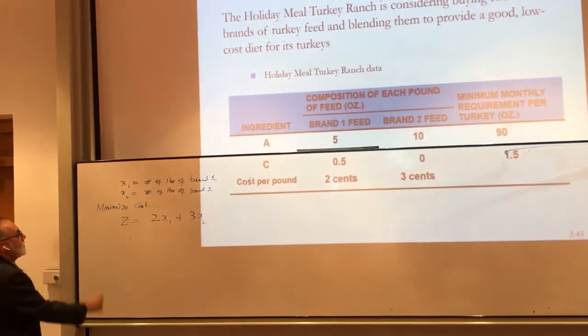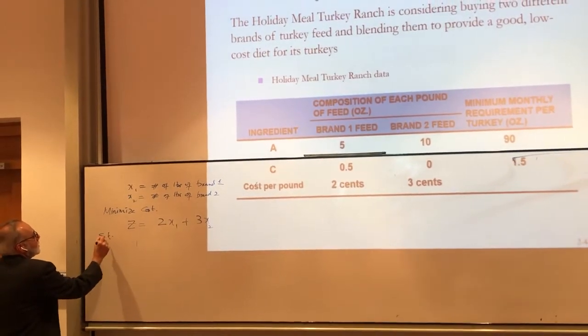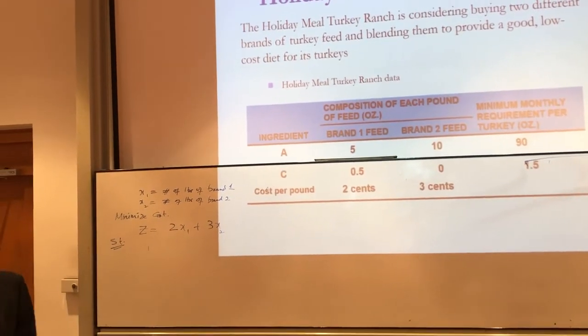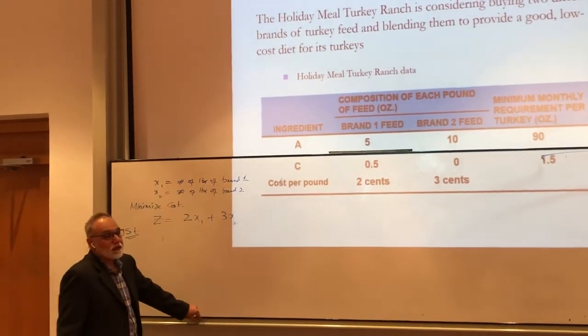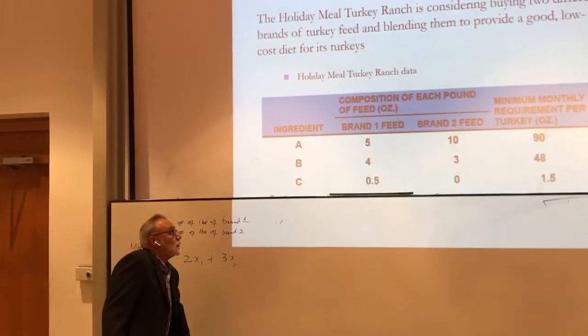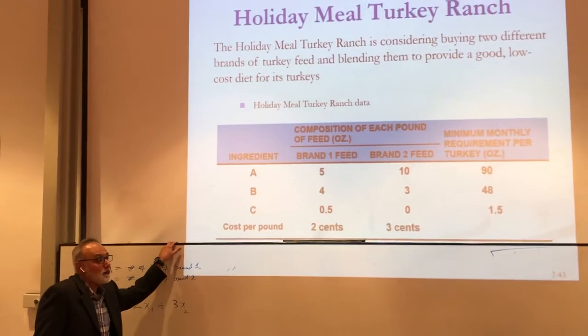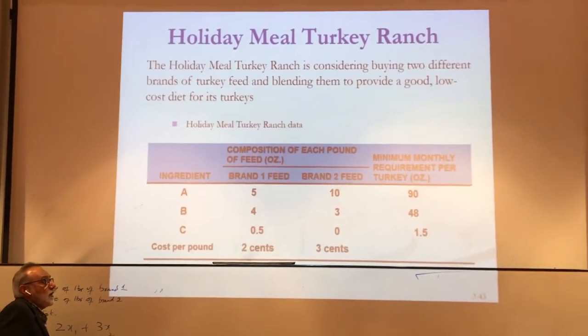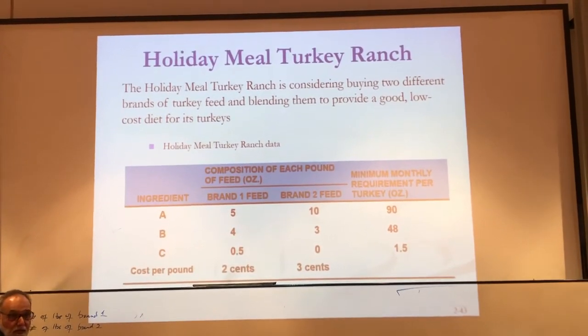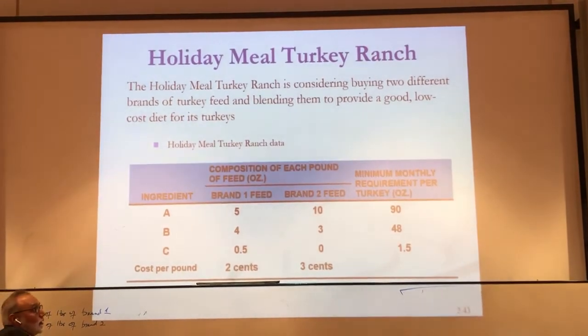Alright. Then subject to, clearly we can see 3 constraints are there. Constraint A, B and C. For ingredients A, B and C, we have 3 constraints. Right?